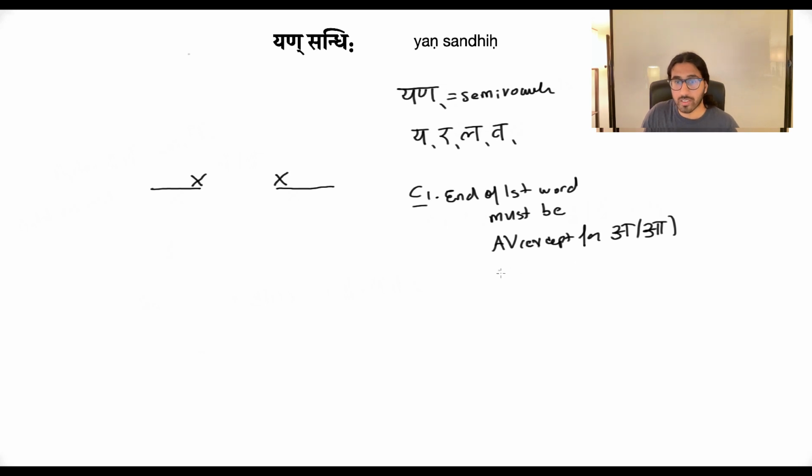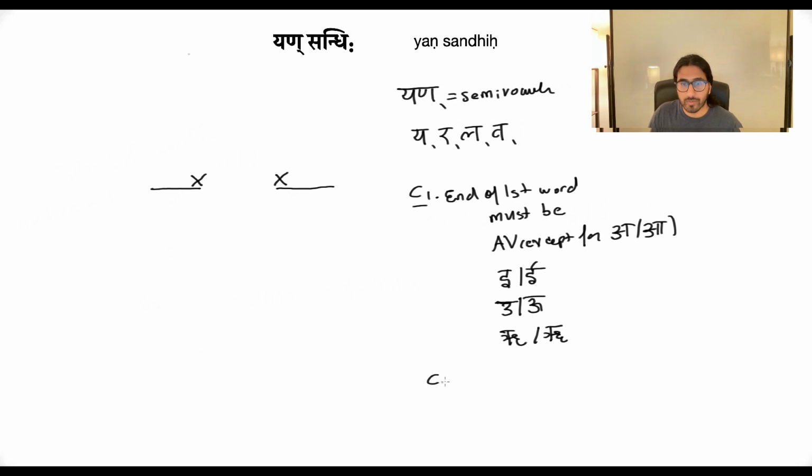Now let me tell you what this means. It can be i or ii. It can be u or uu. It can be ri or rii, longer one here. And that's it. We're not going to include the complex vowels because that involves another sandhi. So the end of the first word must be any vowel except for a or aa. So i, u, ri, or rii, okay?